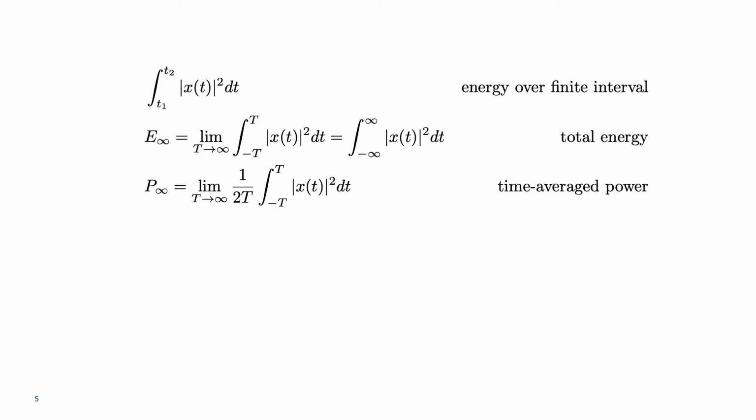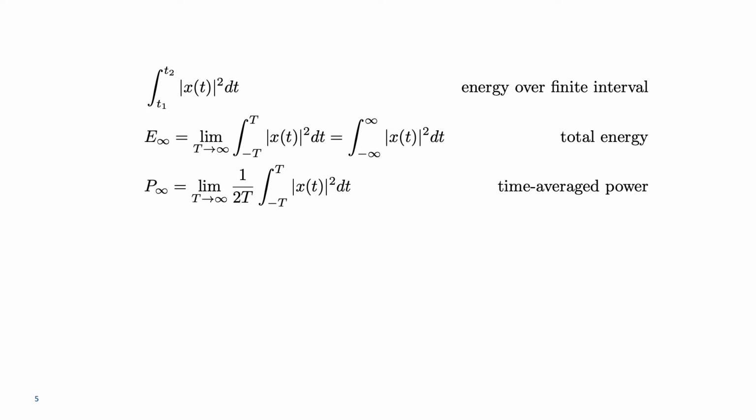The energy of a signal, x of t, over a finite interval between time t1 and time t2, is given by the integral between t1 and t2 of the square magnitude of such signal x of t. The total energy is obtained in the same way, but by extending the integration from minus infinity to plus infinity.